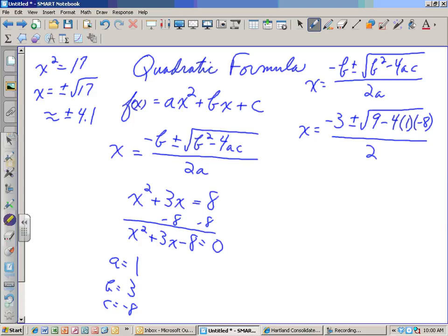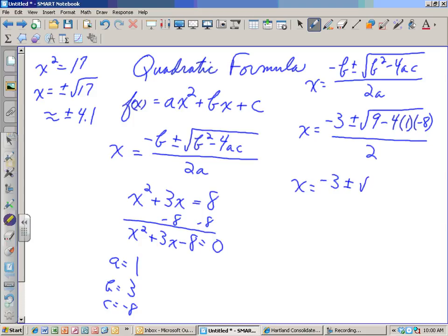So we have 9 minus 4, parentheses 1, another parenthesis, negative 8, 41. We're not done yet. All I did was figure out what was inside the square root sign. And that is this.